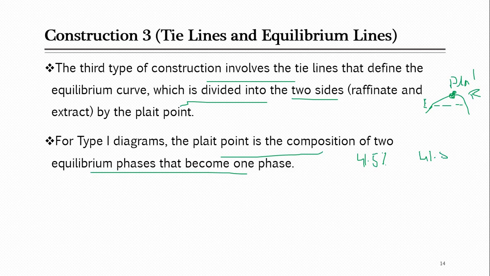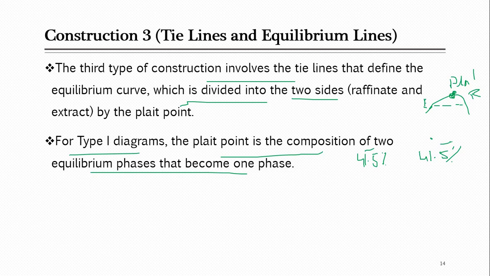So that was 41.5 for both, and I told you this is a tie line but actually only one point, and that point was the plait point. He is describing the same here: for a type 1 diagram the plait point is the composition of two equilibrium phases. This was the composition of ethylene glycol in furfural, and this was ethylene glycol in water. For both there is only one point, so it's the same point, and that's the plait point.